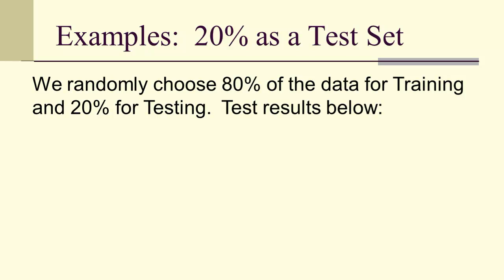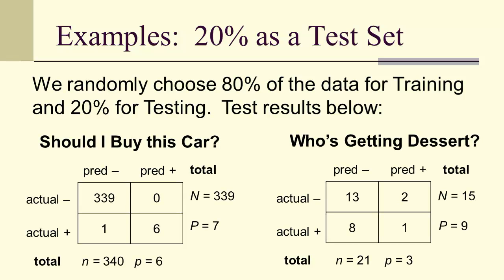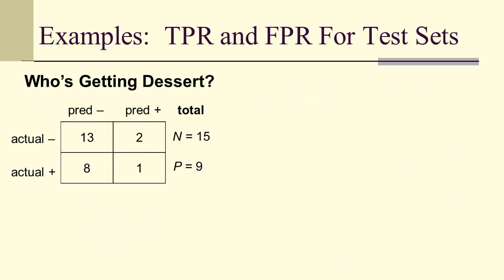Now, for example, let's suppose we chose 20% as a test set. So 80% of the data is going to be used for training and 20% for testing. So here we have our confusion matrix for the car and for the dessert. And notice that for the should I buy this car, it looks pretty good. For who's getting dessert, well, not so great, but you know, let's see what we get.